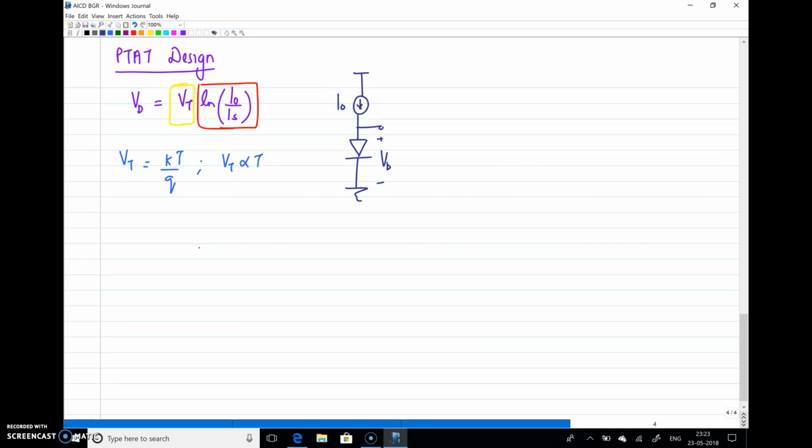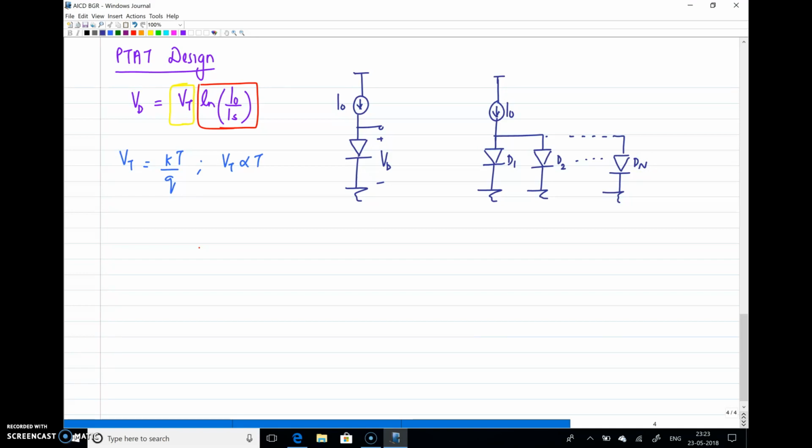Now, in order to extract Vt from this particular diode equation, I am taking another circuit, pumping a current I naught. Instead of connecting one diode, I am connecting two diodes, or you can use many diodes, say D1, D2, and say you have n diodes, say it is Dn.